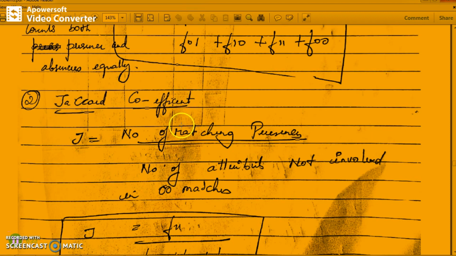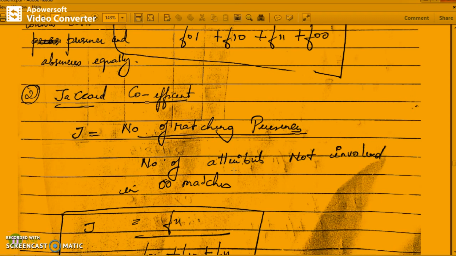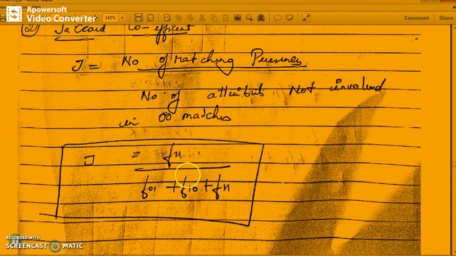So our formula is the number of matching presences, that is when x is equal to 1 and y is equal to 1, that is F11 only in the numerator, divided by the number of attributes not involving 0. That means F00 is not included in the denominator. So F01 plus F10 plus F11 only we are considering in the denominator. So our formula becomes J is equal to F11 divided by F01 plus F10 plus F11.